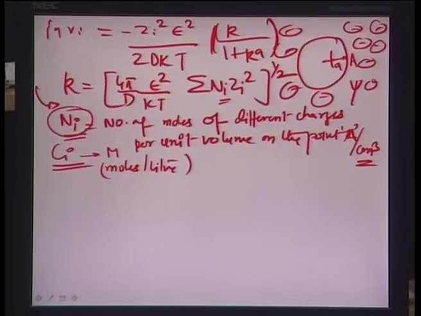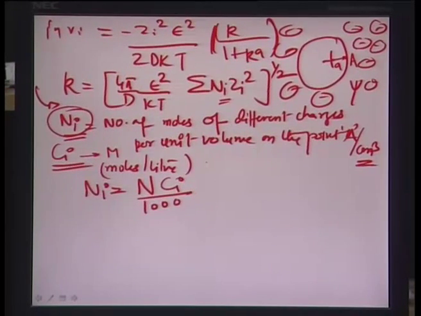So, here we could consider the number of moles per unit volume Ni to be a product of the Avogadro number n, which is 6.023 into 10 to the power 23, the numbers in 1 mole, divided into the concentration Ci by 1000 cc, or 1000 centimeter cube, which makes 1 liter.